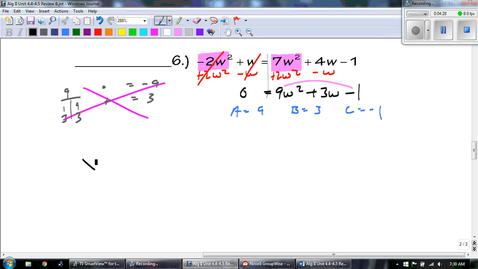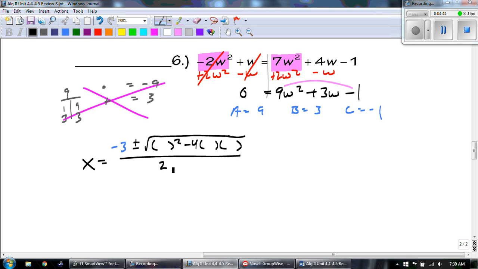Okay? So x equals the opposite of b, plus or minus the square root of b squared minus 4ac, all divided by 2a. Okay? So we have 3, 9, negative 1, and 9.